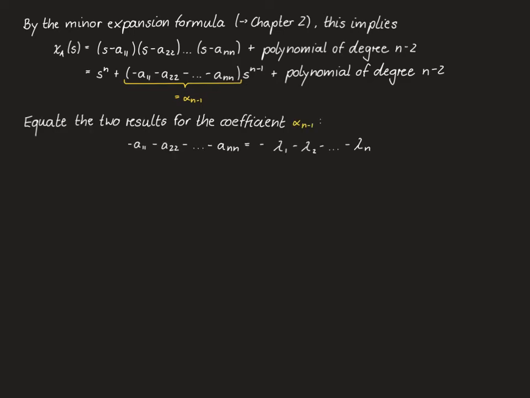Now, all we need to do is equate the two results for the coefficient alpha n-1 that we have obtained above, and we get the equation minus a11, minus a22, and so on up to minus ann is equal to minus lambda 1, minus lambda 2, and so on up to minus lambda n, where clearly the left-hand side is equal to minus the trace of A, and the right-hand side is equal to minus the sum of the eigenvalues of A.